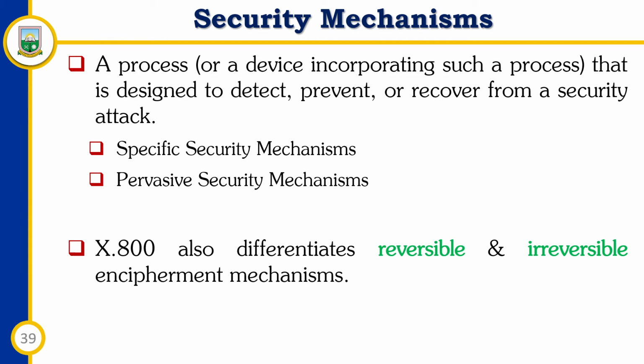A reversible encipherment mechanism is simply an encryption algorithm that allows data to be encrypted and subsequently decrypted. You can encrypt the data, and at the end of the day, you can also decrypt that particular data.